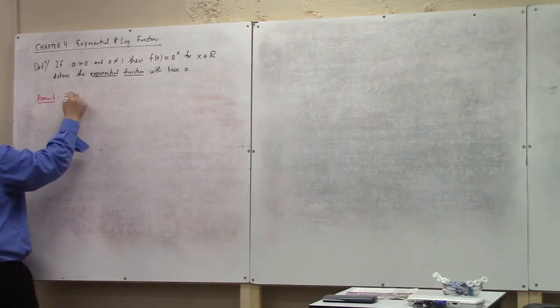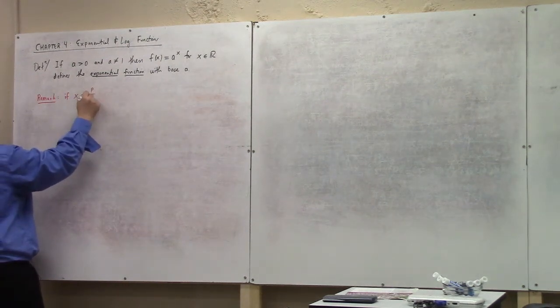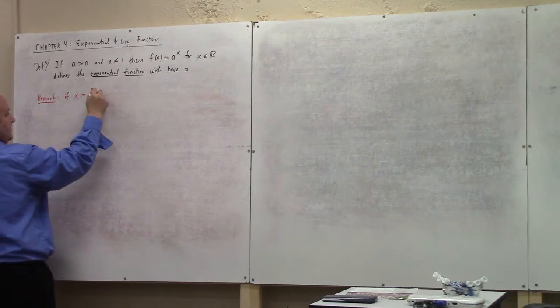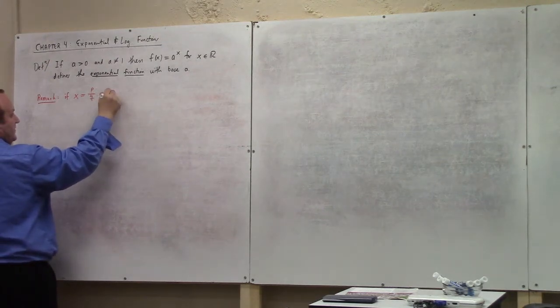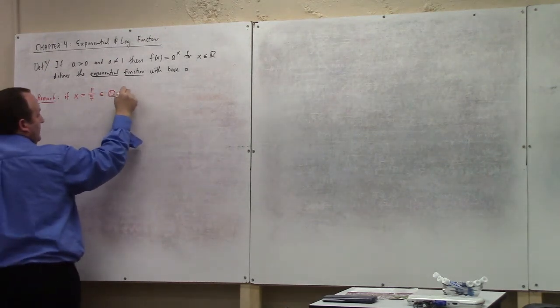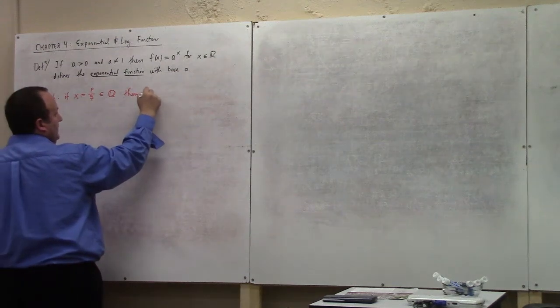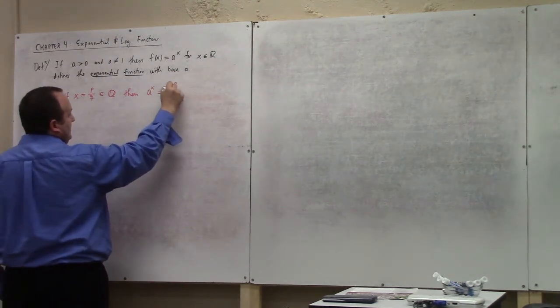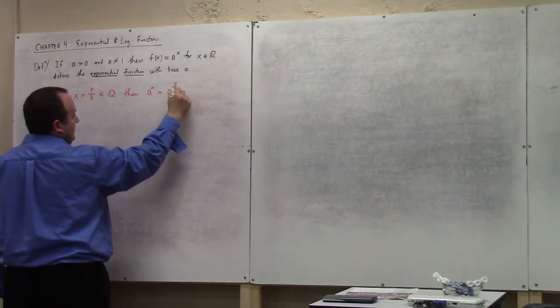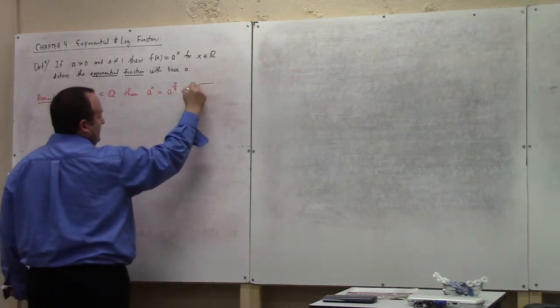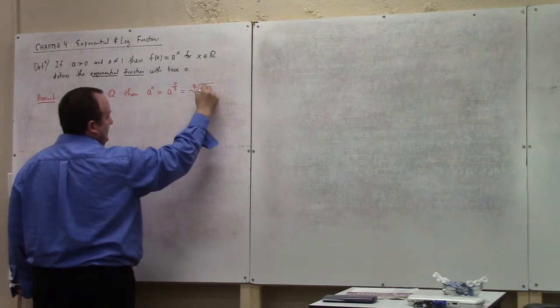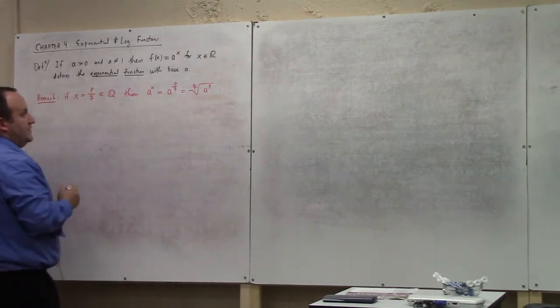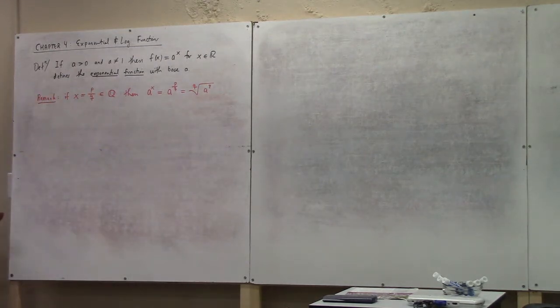If x is equal to p over q, then a to the x is equal to a to the p over q, which we understand to mean the qth root of a to the power p. That's just a natural extension of things we've already done.